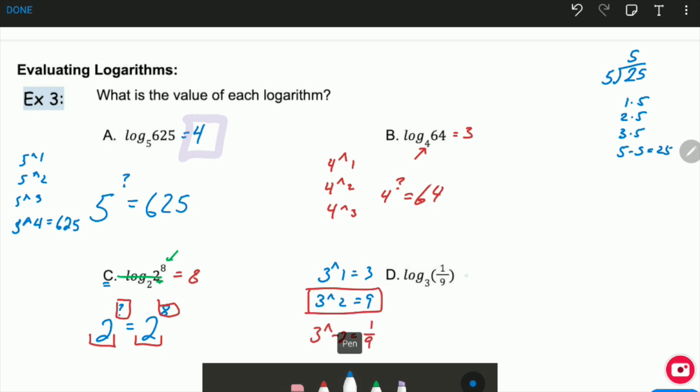So the answer for this one would be negative 2. And if you don't believe me, you can type it into the calculator, which would give you the decimal 0.1111 repeated, which is 1/9 as a decimal. So pretty handy. You can find the power like you normally would, and then just change it to negative for the reciprocal.